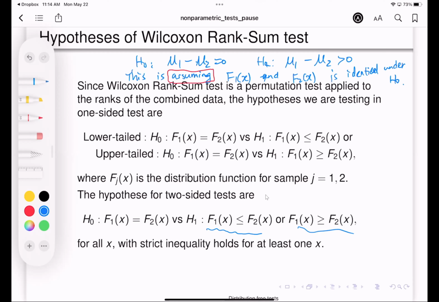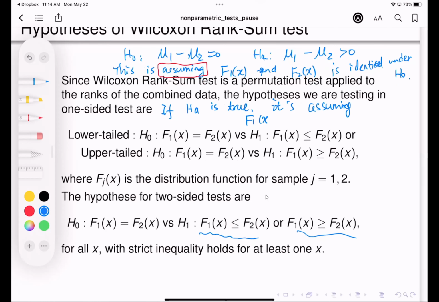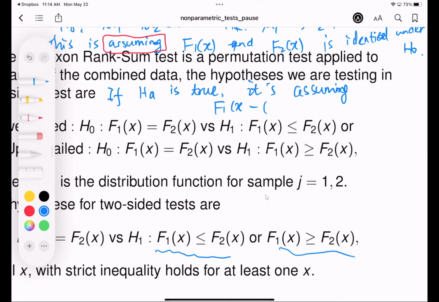So if the null hypothesis is not true, if the alternate hypothesis is true, then it's assuming that F1(x) minus this difference, mu1 minus mu2, and F2(x) are identical. Okay, identical.